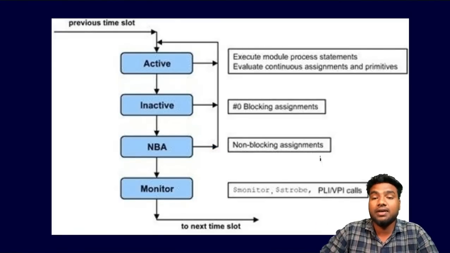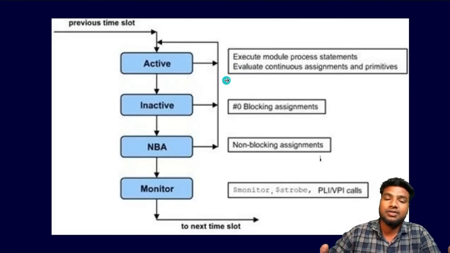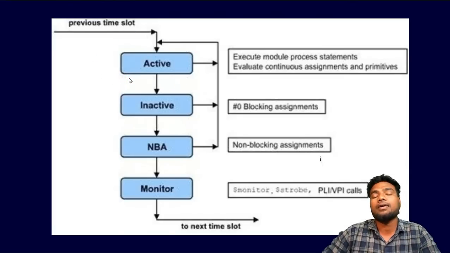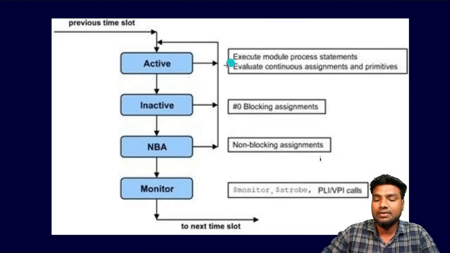Or else if you are using the simple blocking assignment, it will immediately assign the RHS to LHS in the active region itself. So with non-blocking assignments, your RHS will be computed in the active region, and then it will assign to the LHS in the non-blocking assignment, NBA region. This is the rule the Verilog code follows.